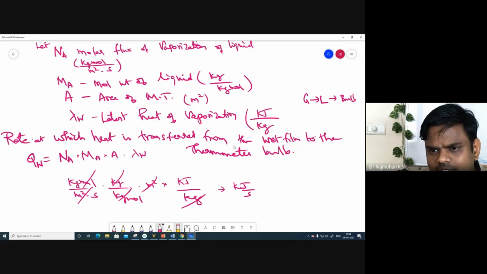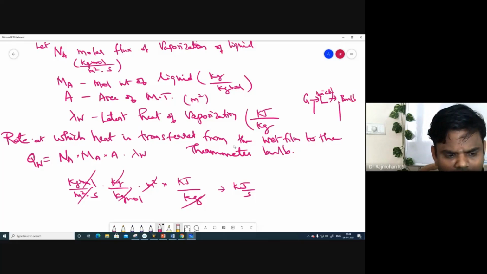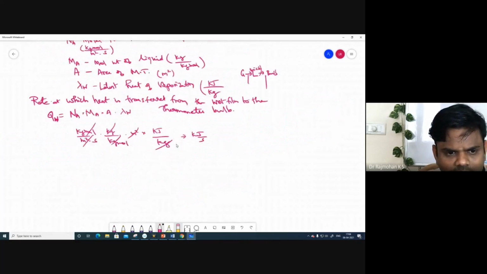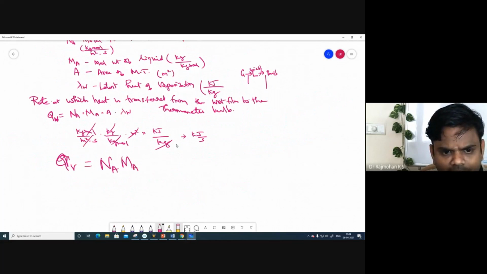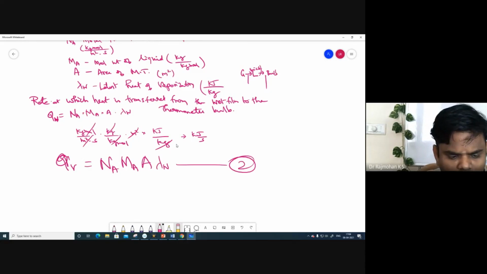Liquid means, in the sense, a saturated wick, right? So this is one rate of heat transfer. So we have the expression QW equal to NA into MA into A into lambda W. That will be equation number 2.